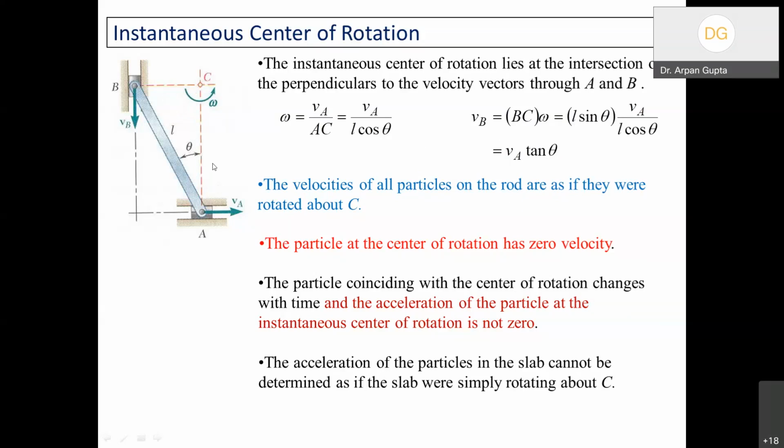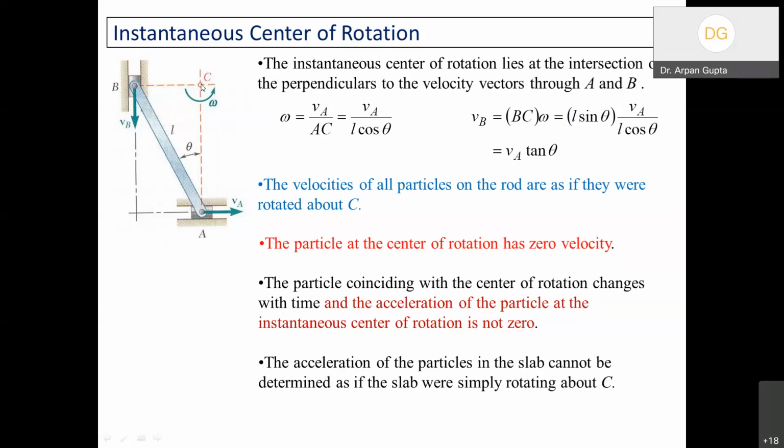The geometry will change. The particle at the center of rotation has zero velocity. So the velocity of point C is 0. However, the acceleration will not be 0. The particle coinciding with the center of rotation changes with time.